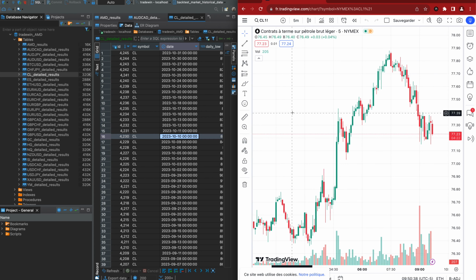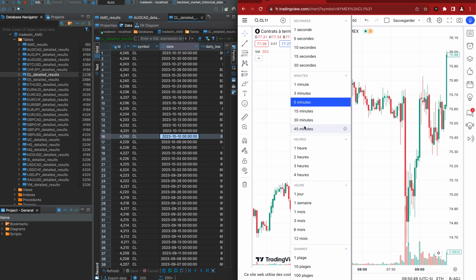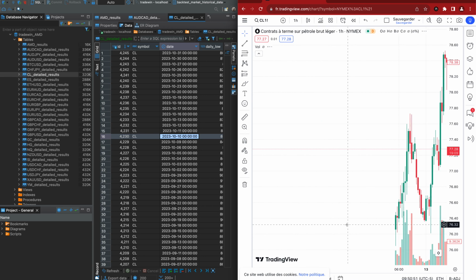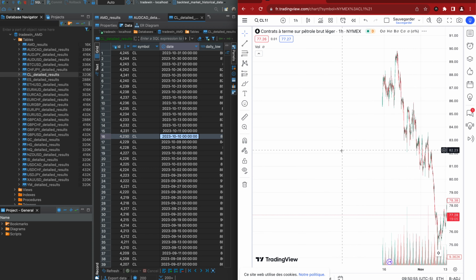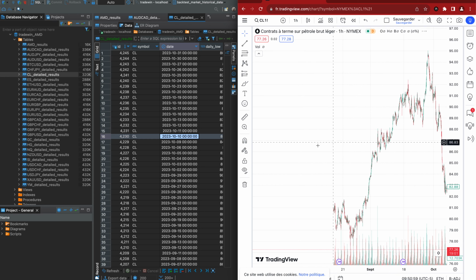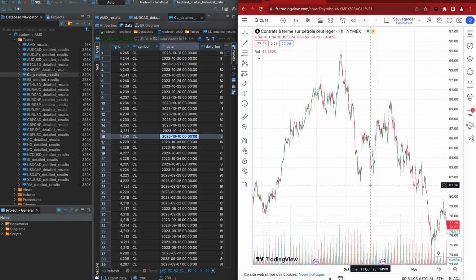This is a new tab, so you don't see what I'm watching. And I want the hour time frame. I will zoom out to go back to October 10. TradingView is coming, September, October 10.